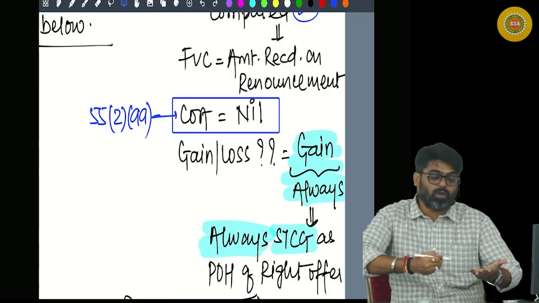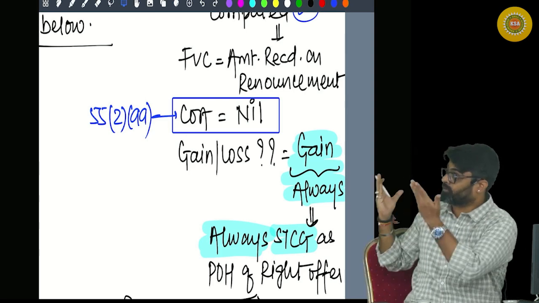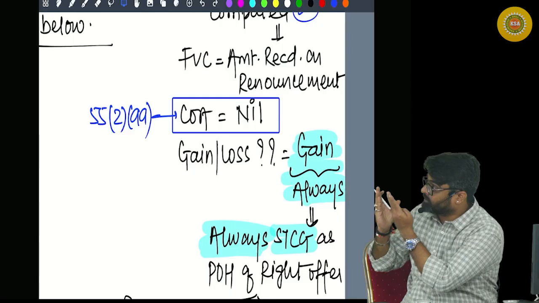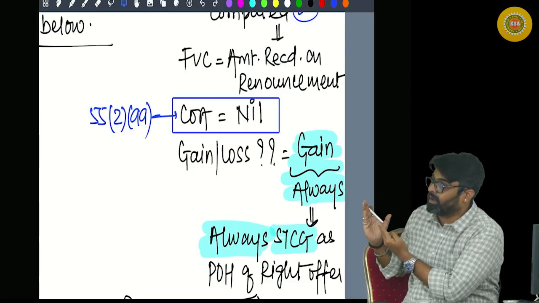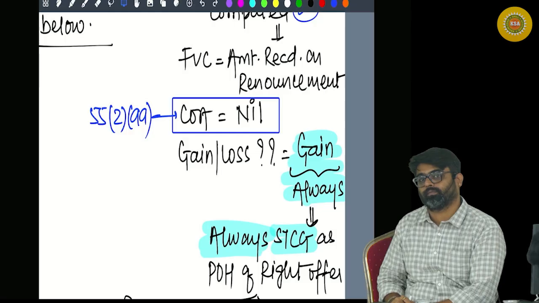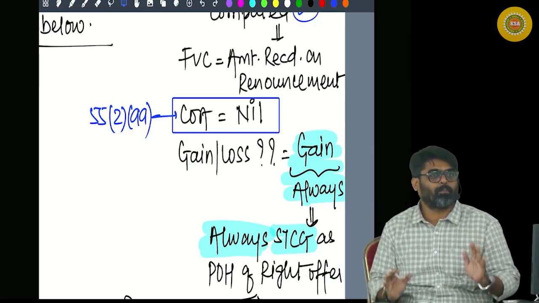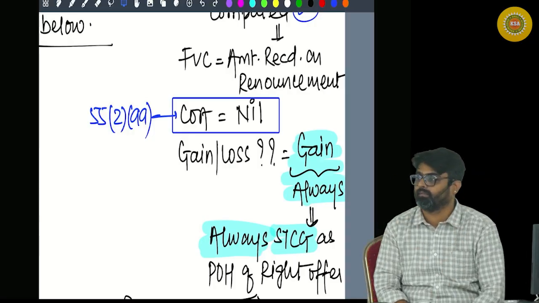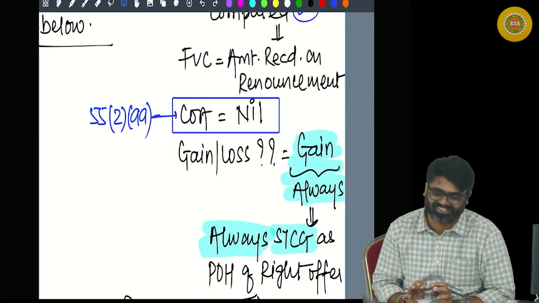This poor fellow is getting a loss in the case of transfer of right, where the cost is nil. Not fit to become a chartered accountant. A person of insane mind.